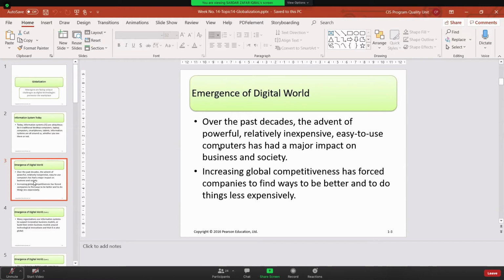So nowadays, things have been completely changed. The competition is very high in the global market. Organizations are not only thinking to deal with the local customer, but also with the international customer.